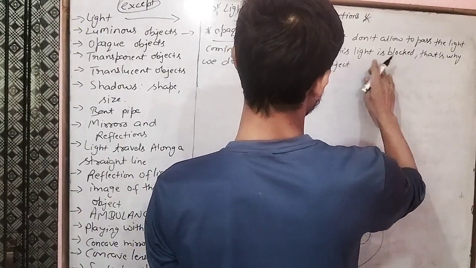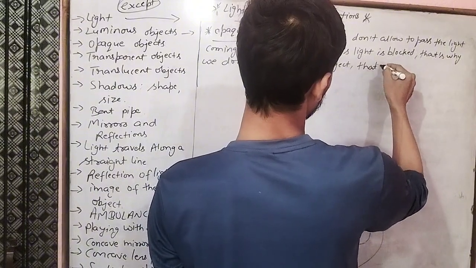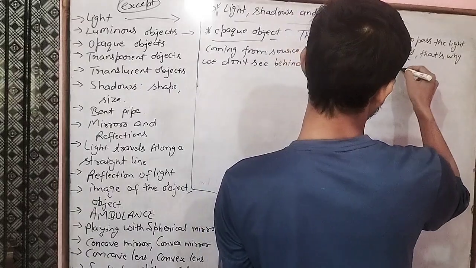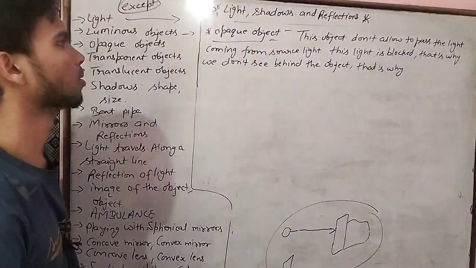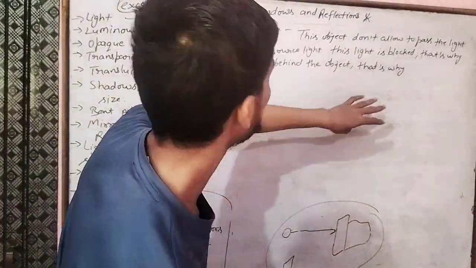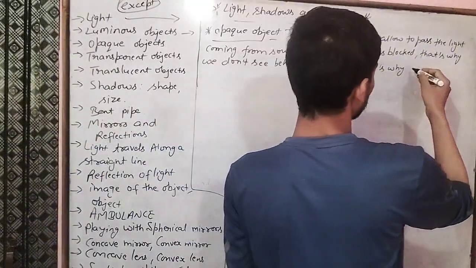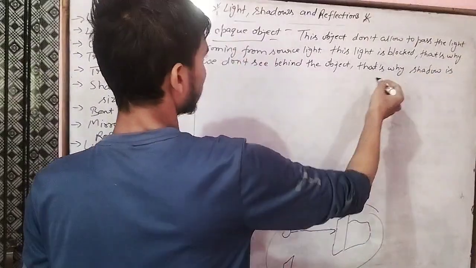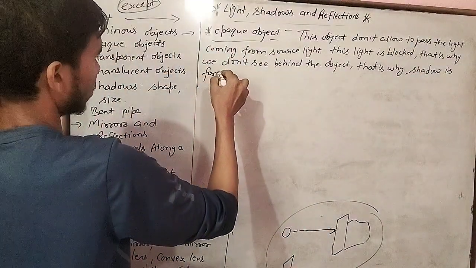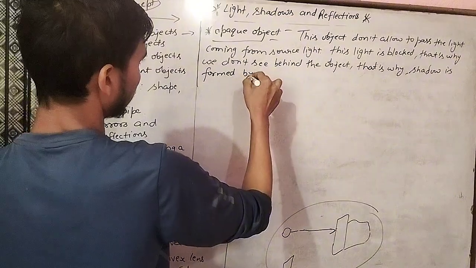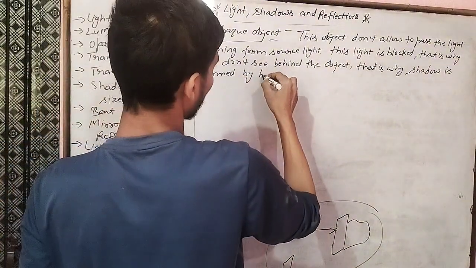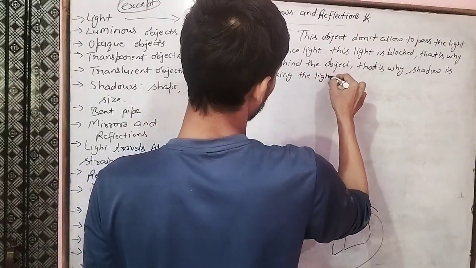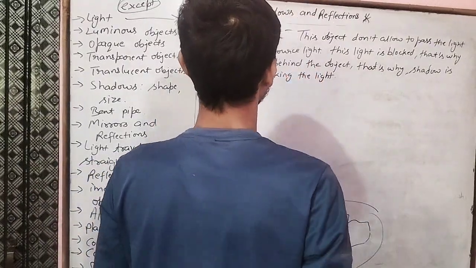And that's why shadow is formed behind the object. Shadow is formed by blocking the light. Clear?